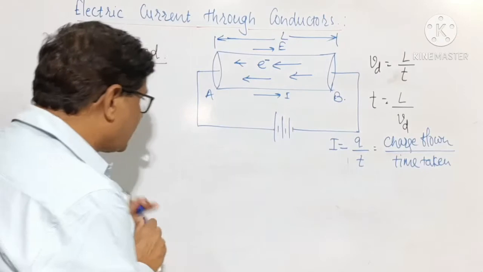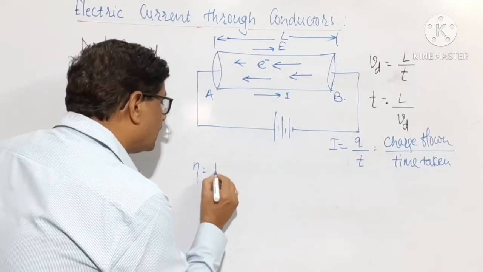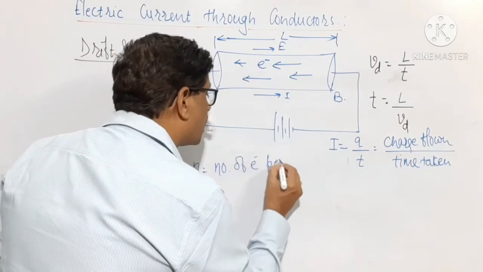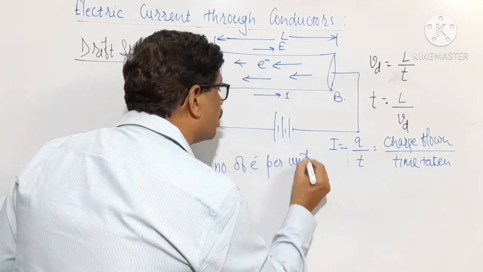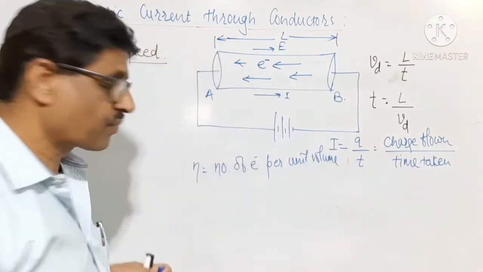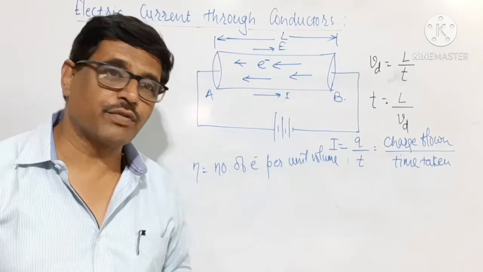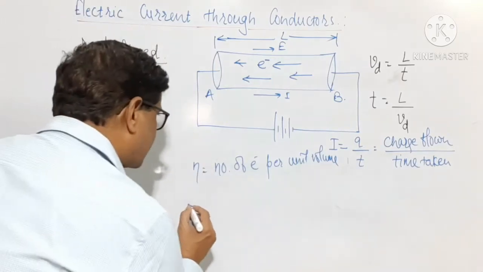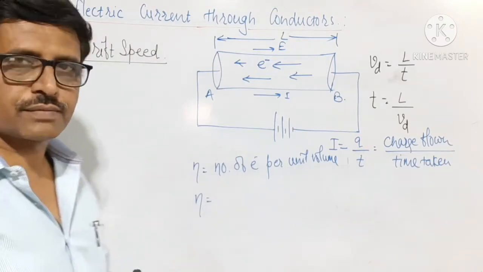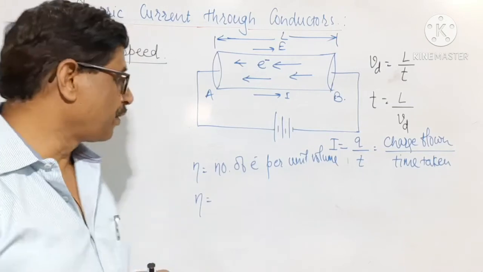Now, if small n is the number of electrons per unit volume. Here you will see that n is equal to the number of electrons per unit volume.